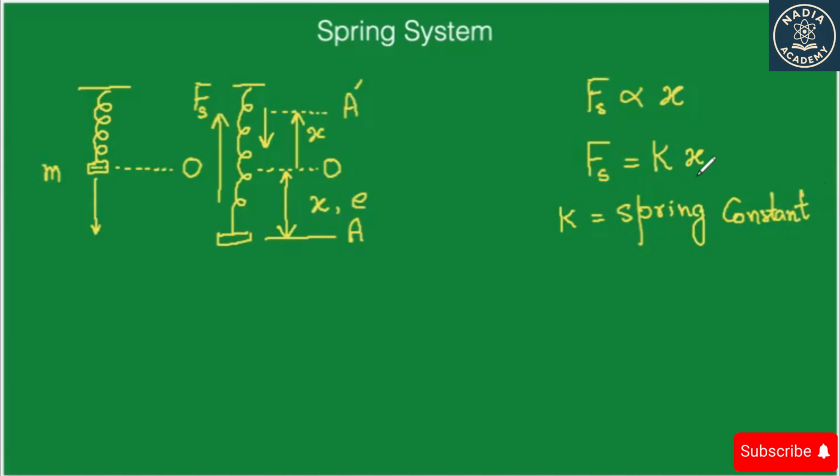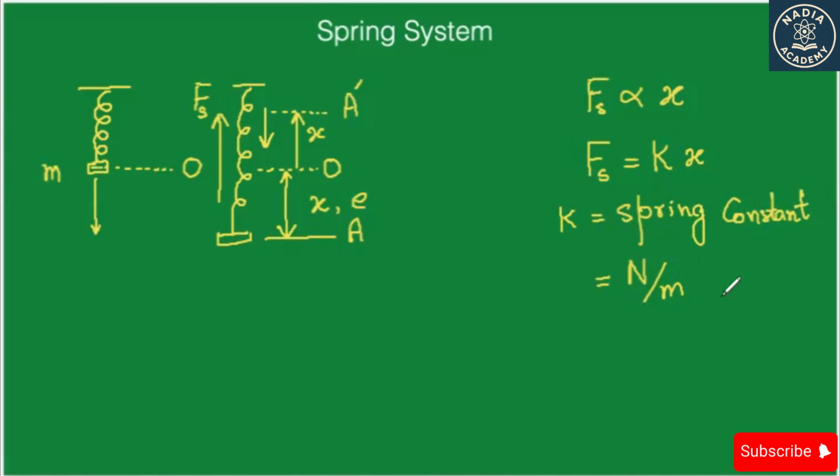This spring constant has a unit, so you can see from this equation that it is force per meter, meaning Newton per meter. That tells us how much force you need to give an extension of a unit displacement like 1 meter.